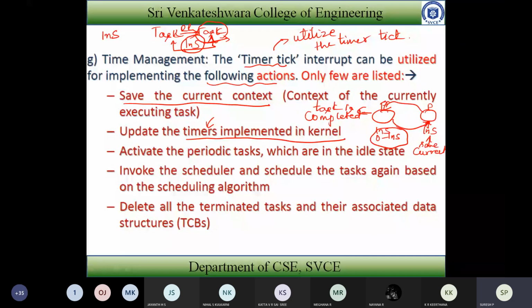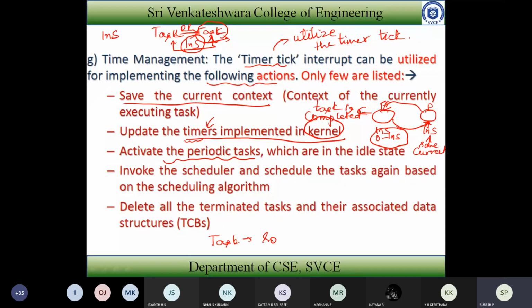Basically, the timers will be implemented inside the kernel. When you implement the timer tick inside the kernel, what do I need to do first? First I need to activate the periodic task. For any task to be done, some time duration will be there, right?